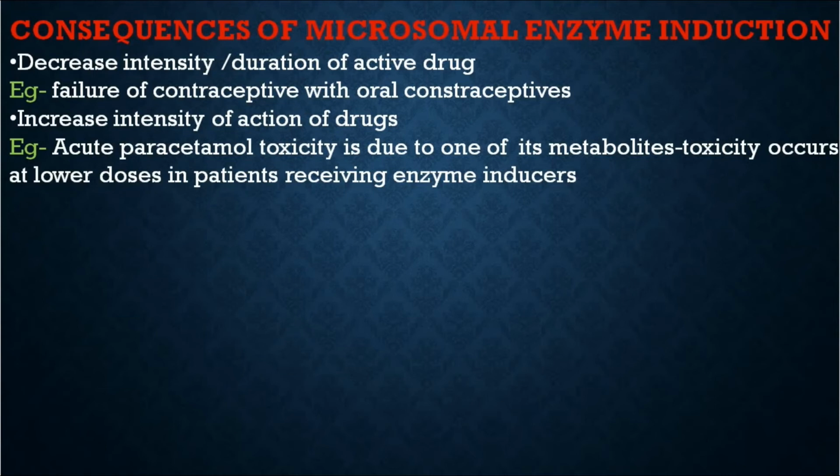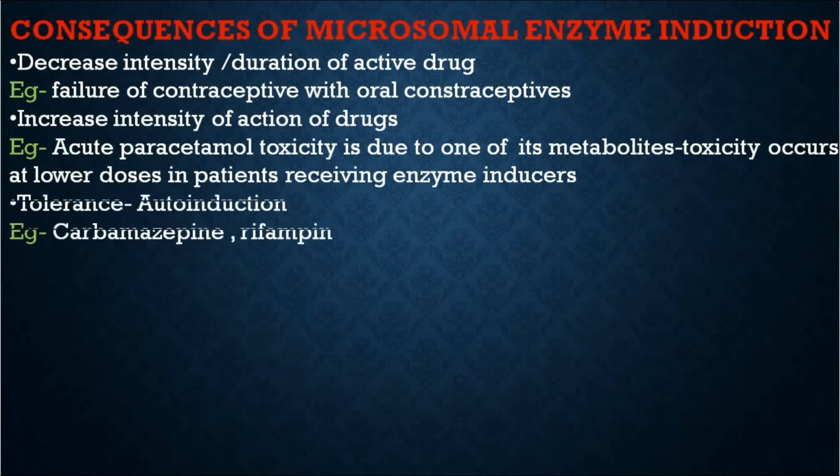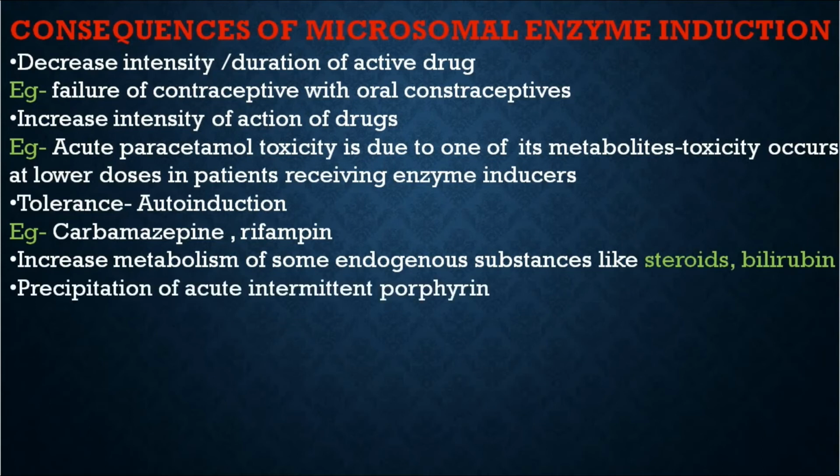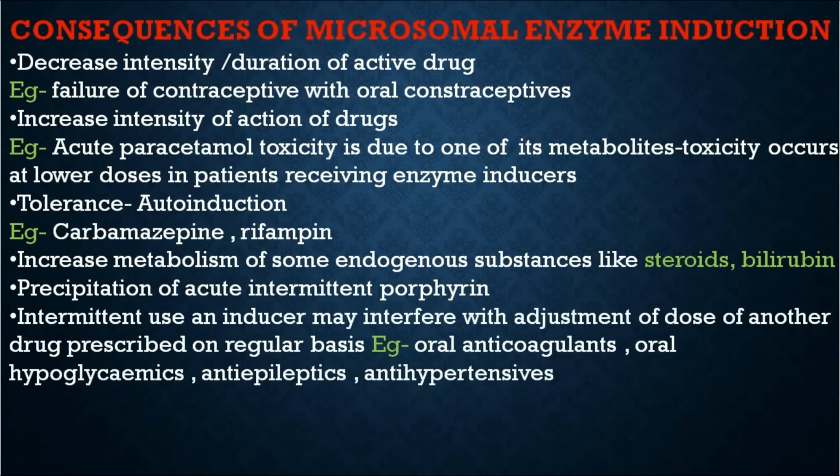Example: acute paracetamol toxicity. Tolerance or autoinduction, example carbamazepine. Increased metabolism of some endogenous substances like steroids and bilirubin, and activation of intermittent porphyria. Intermittent use of an inducer may interfere with adjustment of the dose of another drug prescribed on a regular basis, like oral anticoagulants like warfarin, and oral hypoglycemic agents.